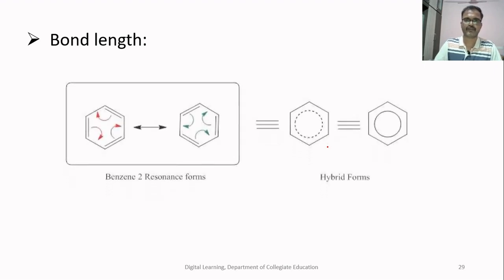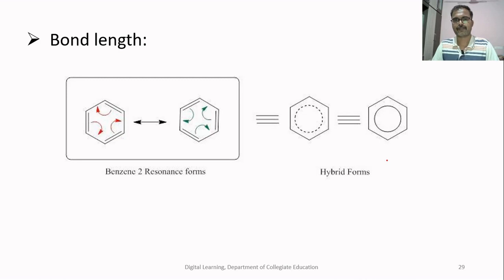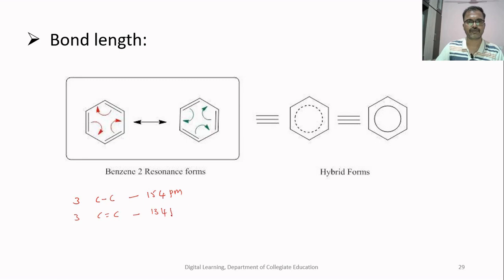So look here, this is the benzene. When you look at these resonance structures, both of them are having 3 carbon-carbon double bonds and 3 carbon-carbon single bonds. When you examine these structures for the bond length, you are supposed to get 3 carbon-carbon single bonds with a bond length 154 picometer and 3 bonds with 134 picometer.